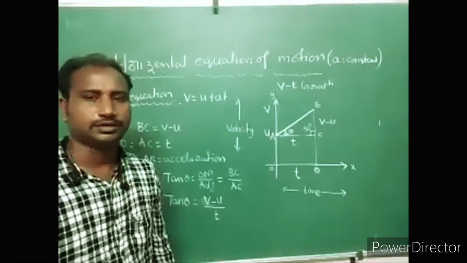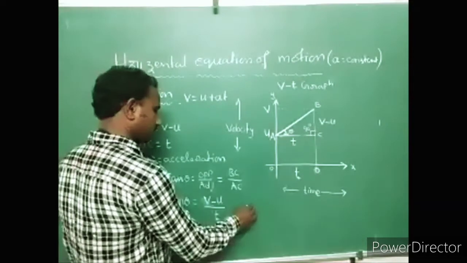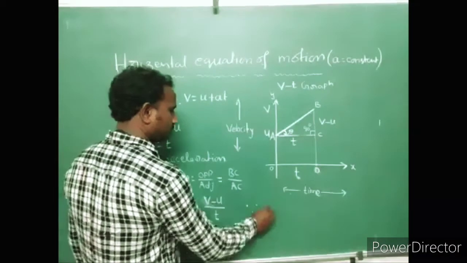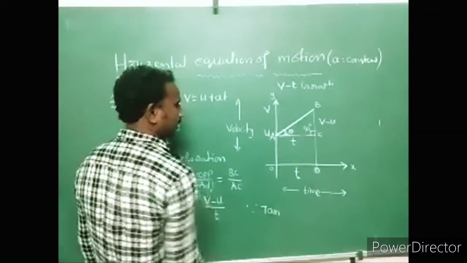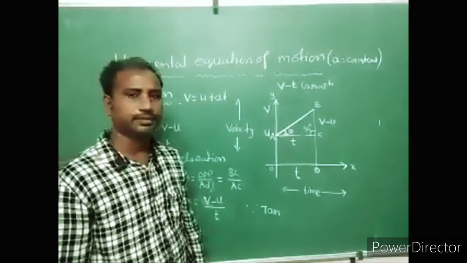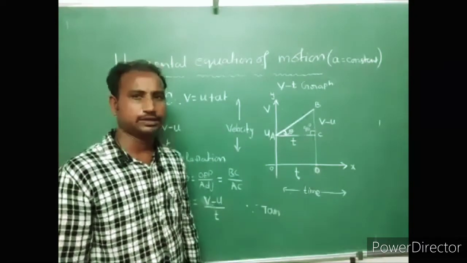Understood. Next, in the previous class I explained this point: in a velocity time graph, a straight line slope from the origin represents a constant acceleration. Yes or no?